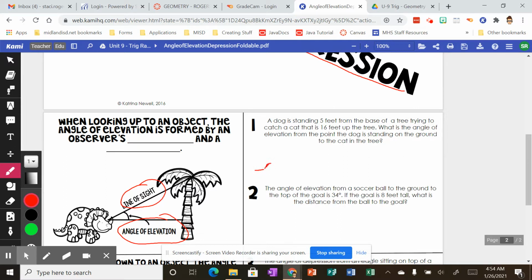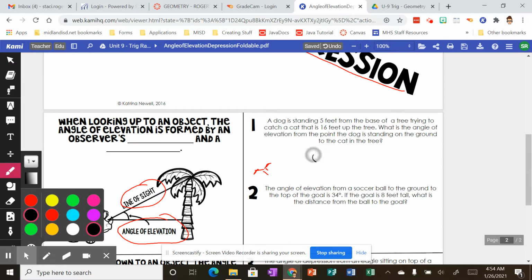Not being able to draw very well. There's my dog, and draw a tree. And the cat's up the tree, 16 feet, so I'm going to label going up 16 feet.